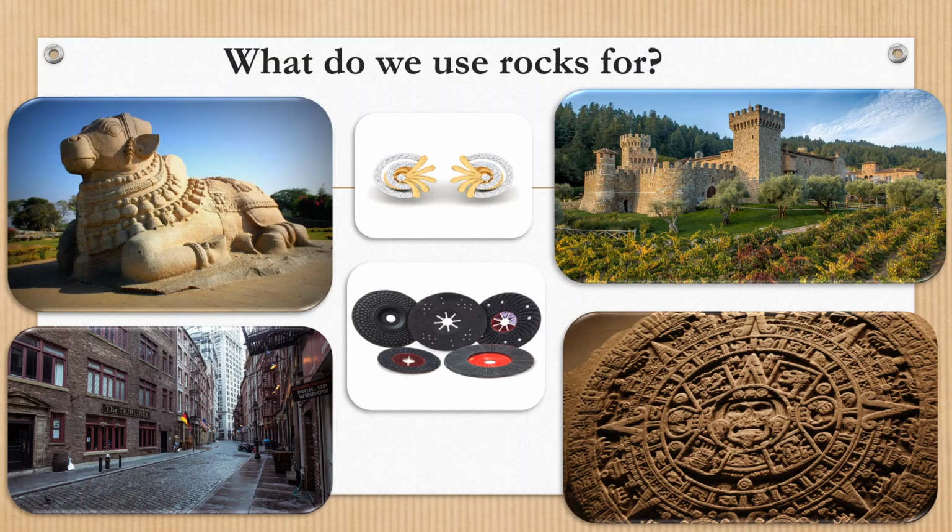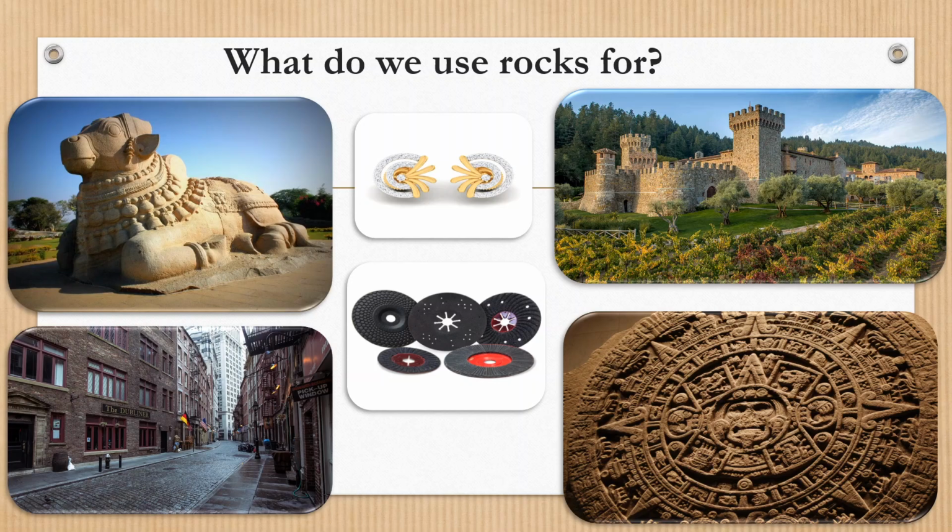And of course, one of the first uses that modern society gave to rocks was to make roads, as you can see in the picture on the bottom left. On the bottom right, you can see a very special and unique object. It's a calendar.